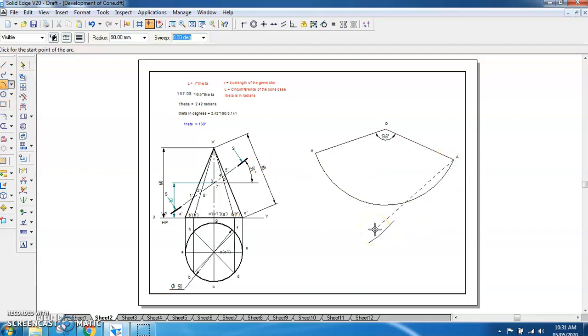Here I am taking 90, so I will be taking 2 arcs from this A and 1 arc from this end. So like that I have got the arc here. Now if I connect the intersection of these arcs to the center, I'll be able to divide this part into 2 equal parts. So it is divided into 2 equal parts.